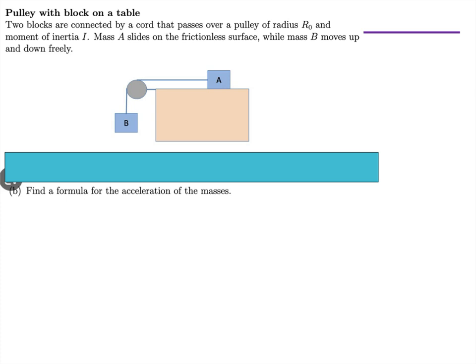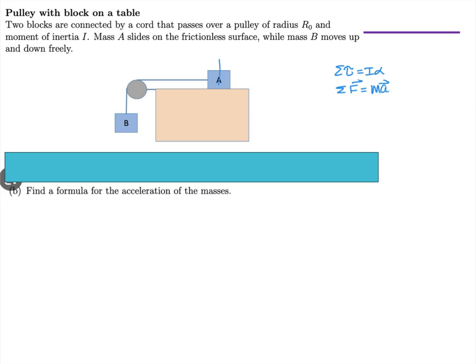So here's a problem that's going to ask us to look at the relationship of torque equals I alpha, but we're also going to combine our information about force equals m a. And we're going to label the forces on the two masses and then on the pulley, and then combine everything.